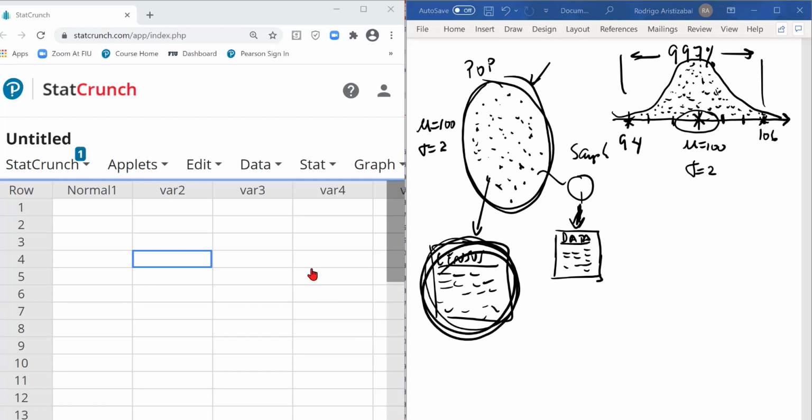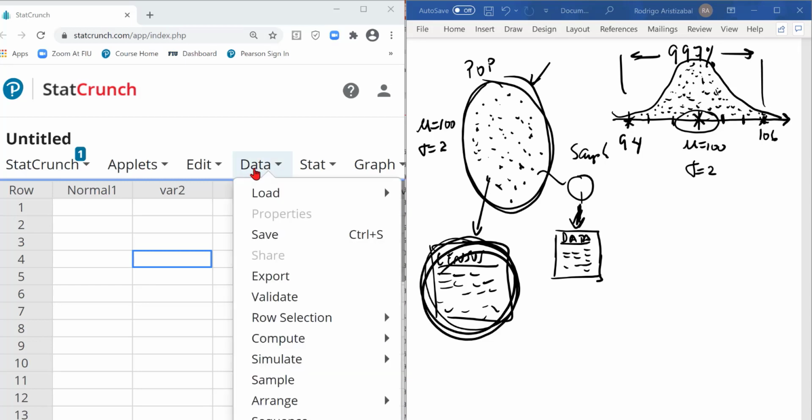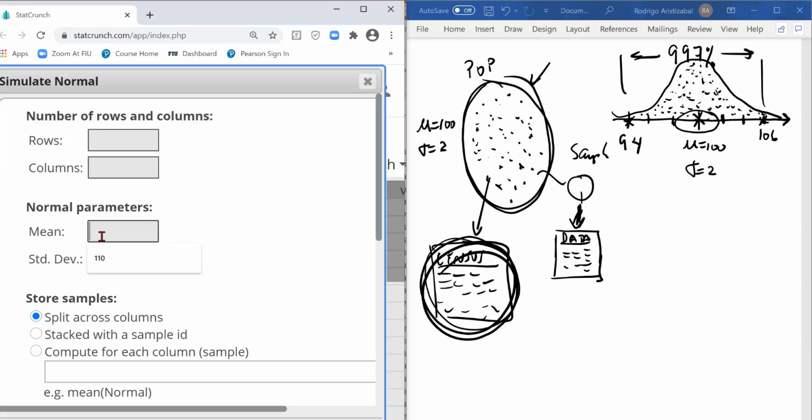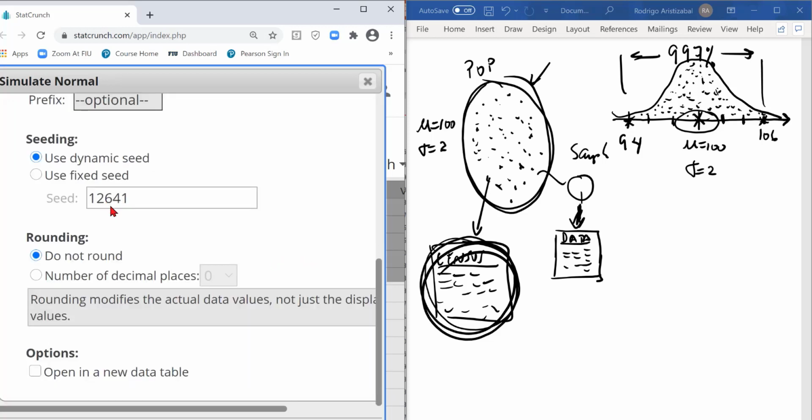Let's do a simulation here in StatCrunch. Here in StatCrunch, the distribution will be normal. And we know that the mean is 100 because in simulation we know the parameter, and the standard deviation is 2. In this case, the seed is 12,641. I will explain later what it is.